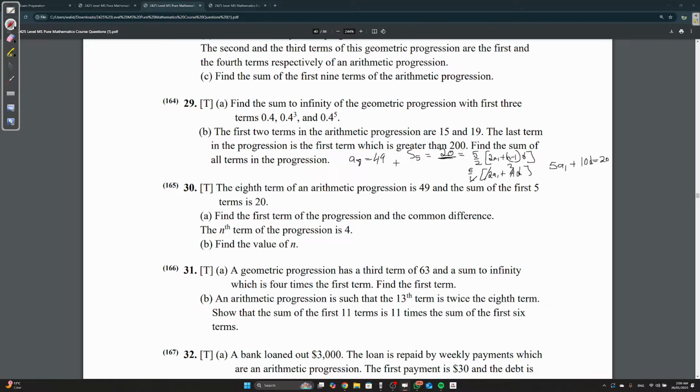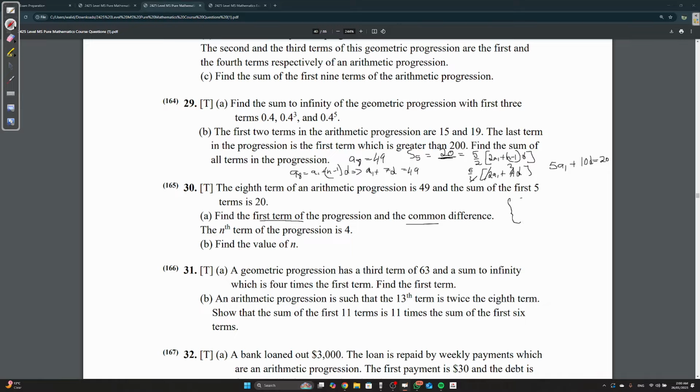For this one we also need to rewrite it in a formula. We're trying to find the first term and the common difference. Which one relates to the first term? An is equal to a1 plus n minus 1 d. So it's going to be a1, which we're trying to find, plus n minus 1, so 8 minus 1 d. So we now have that a8 is equal to 49. So we have simultaneous equations.